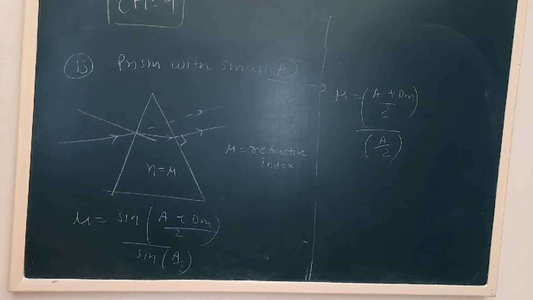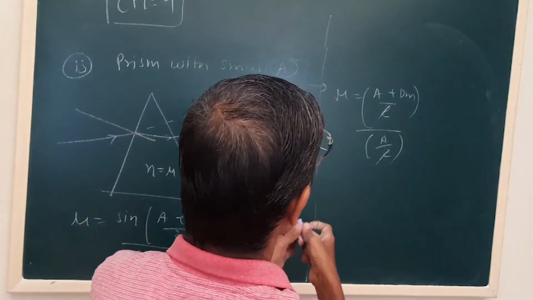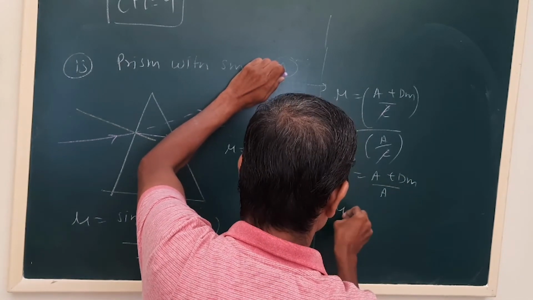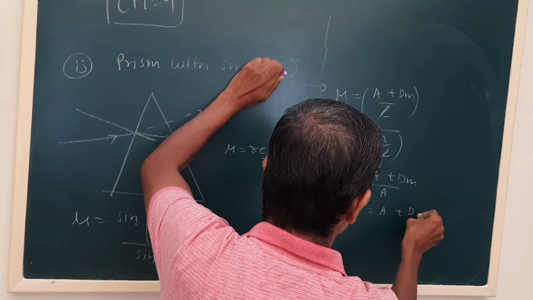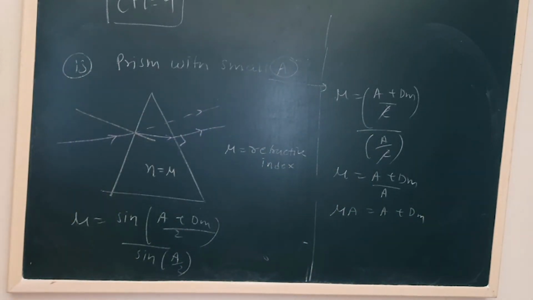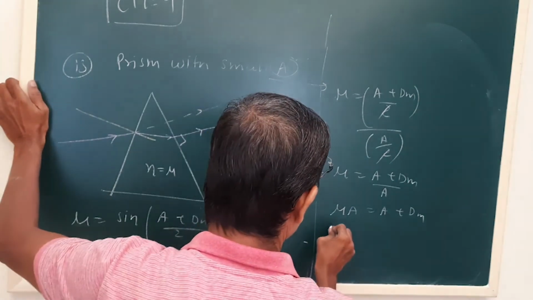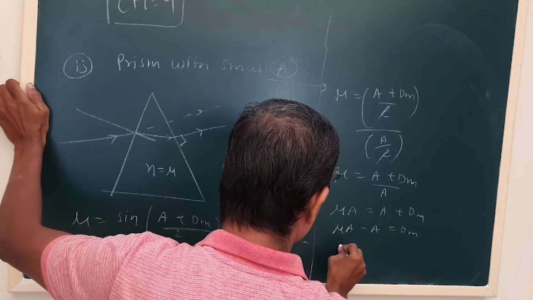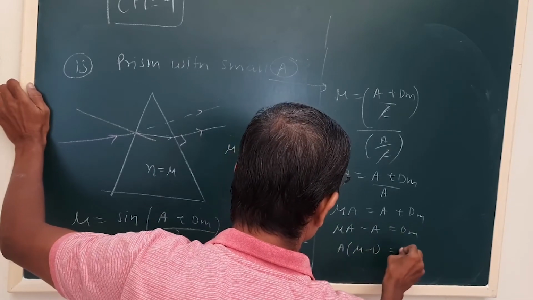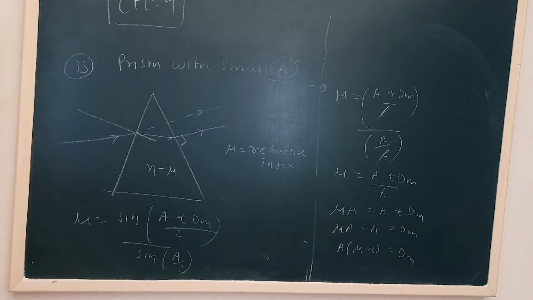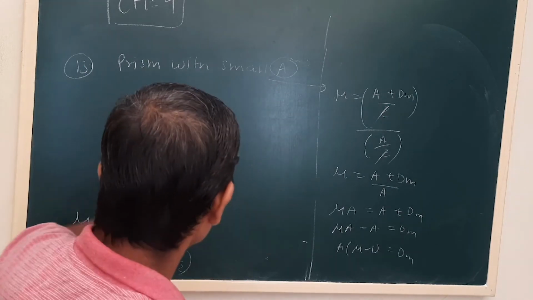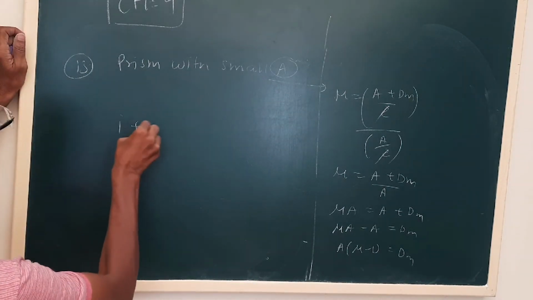The 2 will get cancelled, so mu A minus A is dm, with A common. Now we use the formula I plus E is equal to A plus delta.